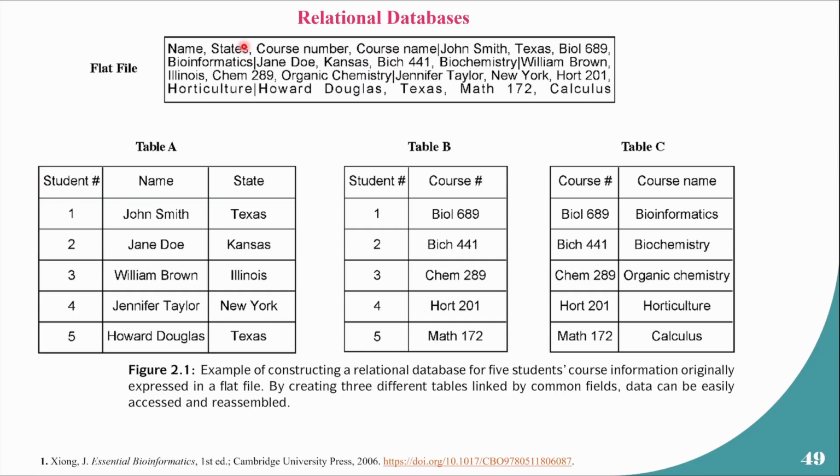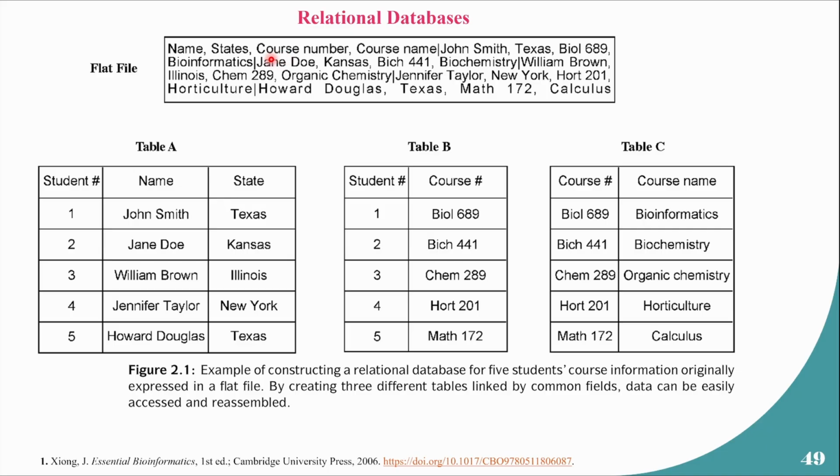Right? So here, for example, we had the flat file format example. It just states the name, state, course number and course name, for certain courses, right? So we just have a pipe or a delimiter separating the different records that go into these different attributes or fields.